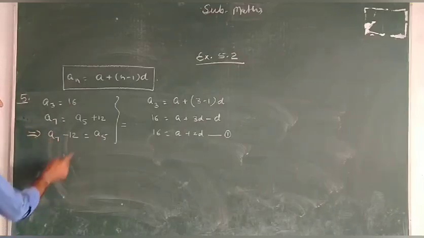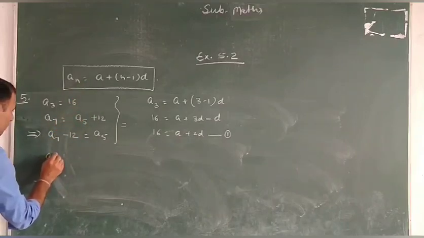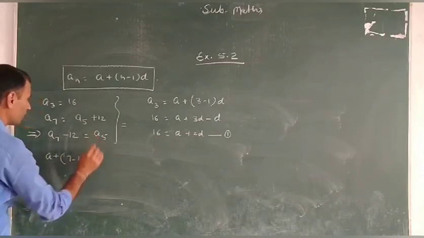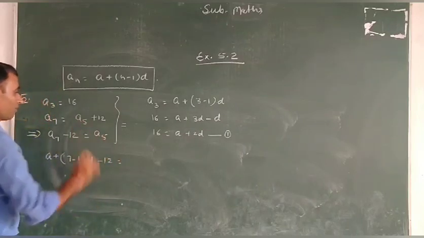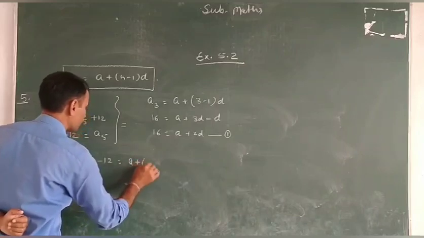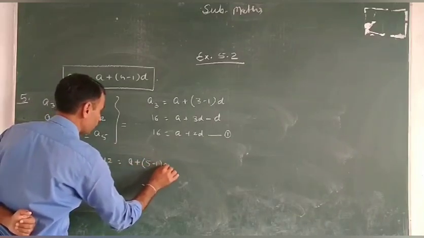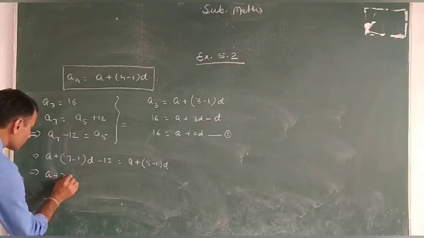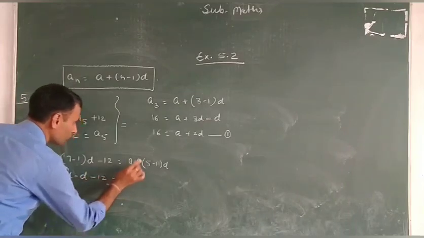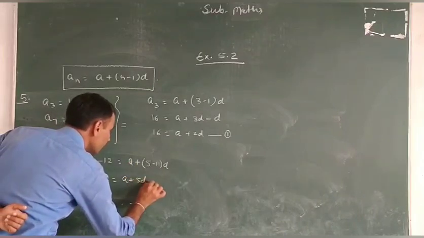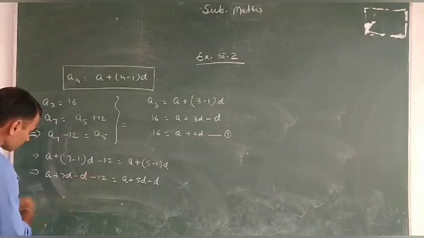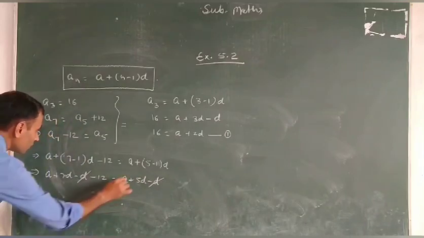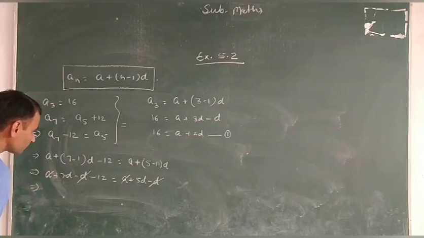To find the value of A7, by applying this formula, it will be A plus (n minus 1), that is 7 minus 1, into D, where D is the common difference, minus 12 is equal to A5, and for A5 it will be A plus (5 minus 1) into D. By solving both sides, A plus 7D minus D minus 12 will be equal to A plus 5D minus D. We have minus D on both sides, so we can cancel it out, and A also.